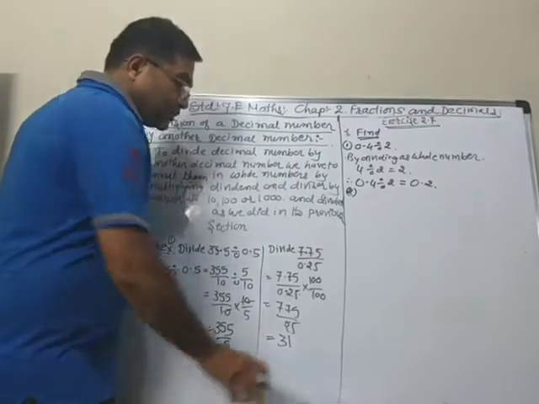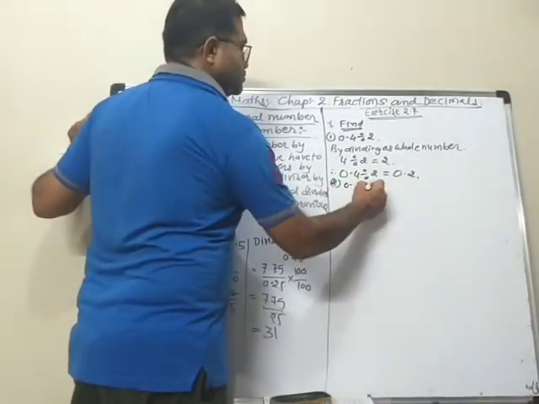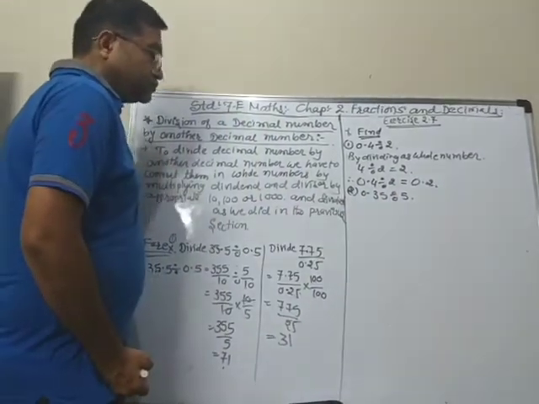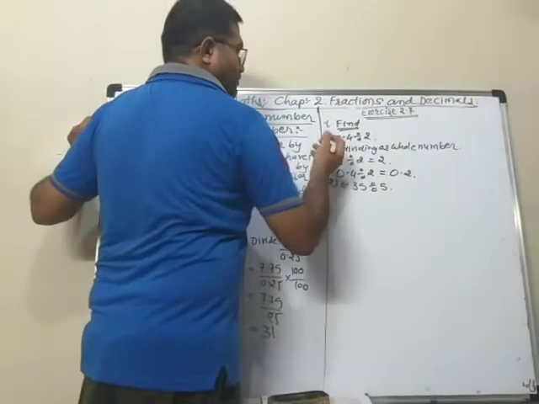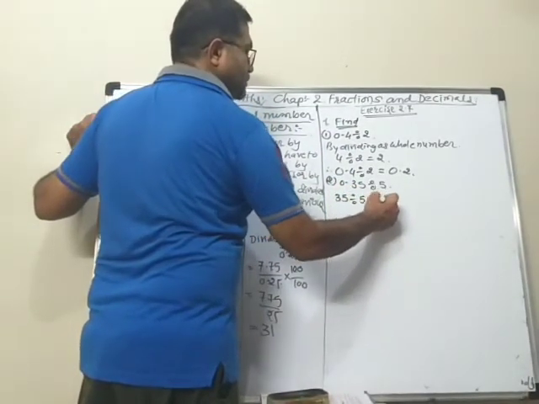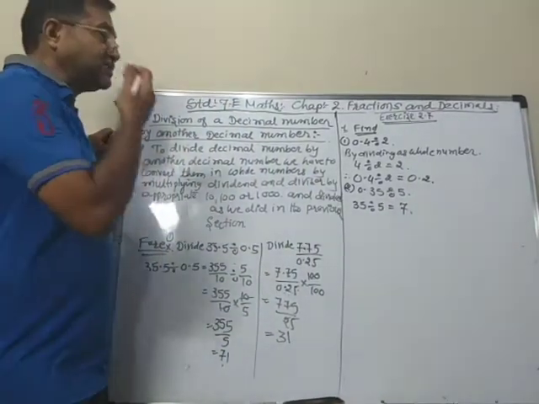Second one, it says 0.35 divided by 5. Now we don't need to write it down every time, so we can do it like that. 35 divided by 5, we know 5 sevens are 35, so the answer is 7.